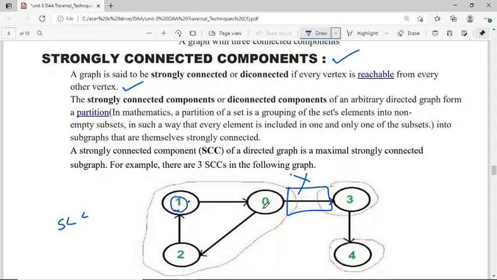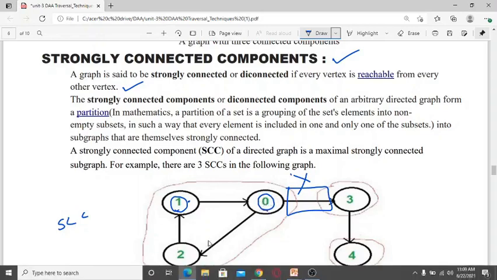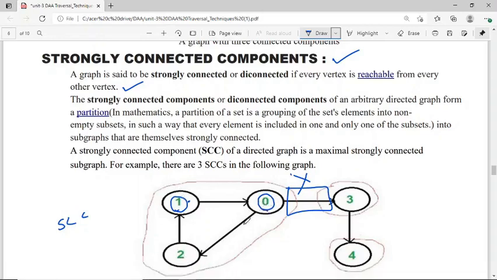If I take the starting point as 0, then from 0 I can go to 2 and 1. Yes, possible. If I take vertex 2, from 2 to 1, 1 to 0, yes, so that means it is strongly connected. You can select any vertex, and from there you can reach all the vertices available in the graph.